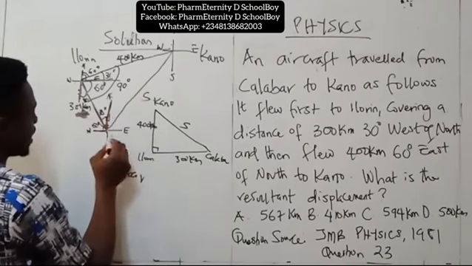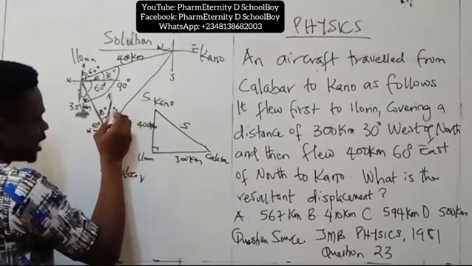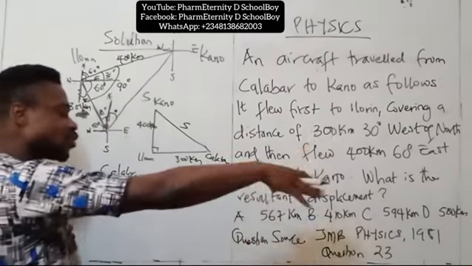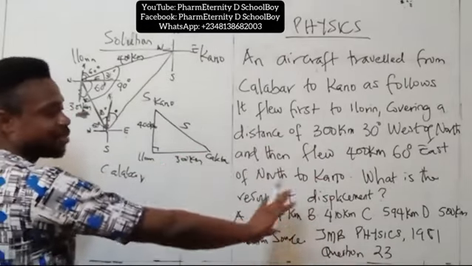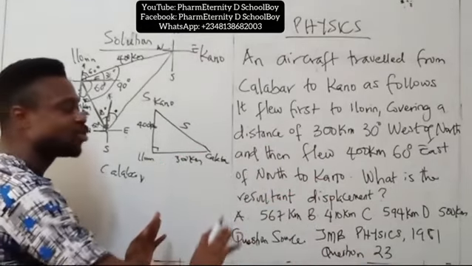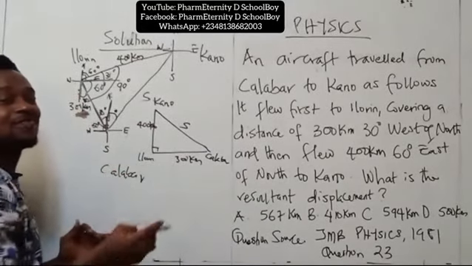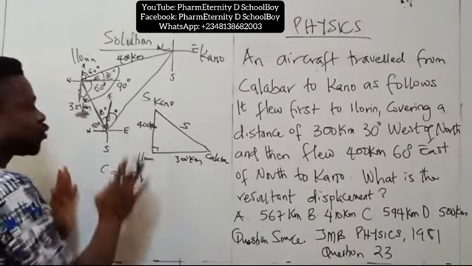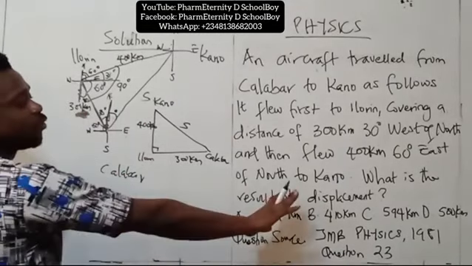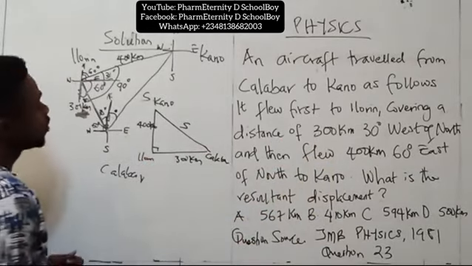The option doesn't want us to go further to determine the angle and the direction. From the option, we just need to get the magnitude. That's what the option wants us to find.